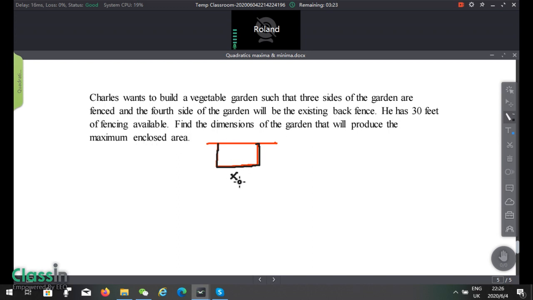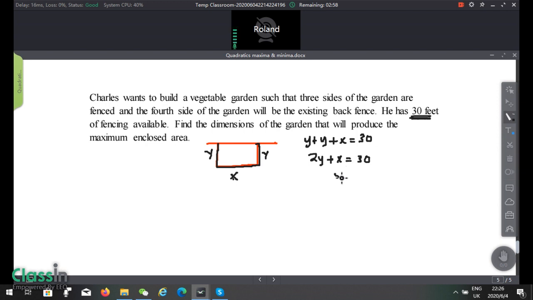So if this length is x, and this is y, of course this will be y. It doesn't matter. You can say this is y, x, it doesn't matter. So the fencing available is 30. So y plus x must be 30, and 2y plus x equals 30.